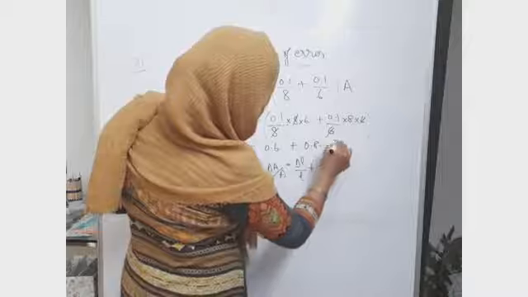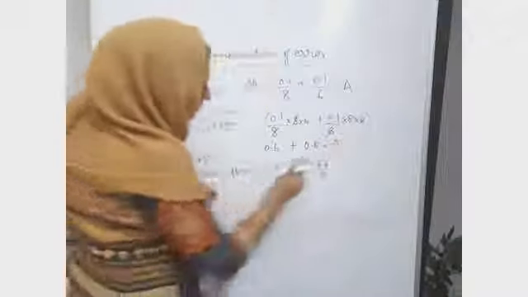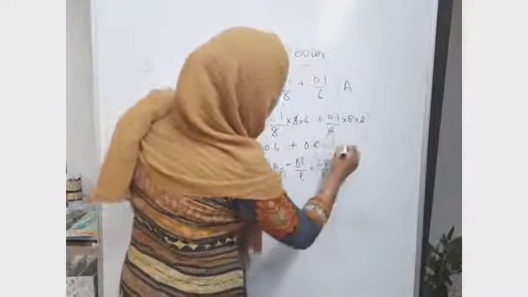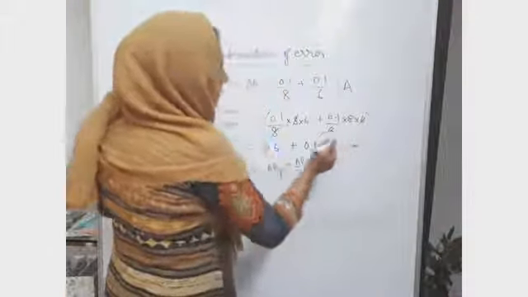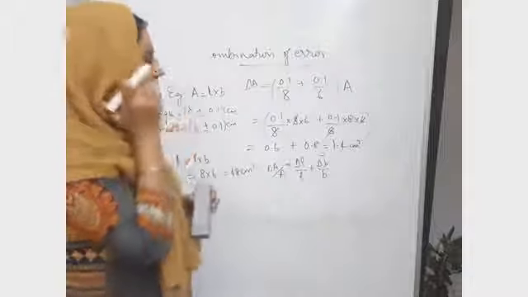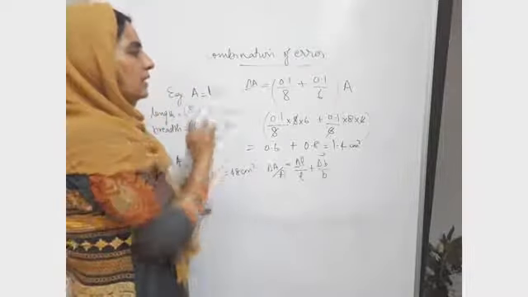It is 1.4. Delta A has a unit, centimeter square. Whatever is the unit of area, it will be the unit of the error.